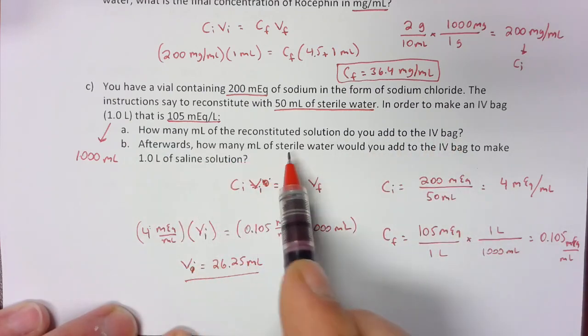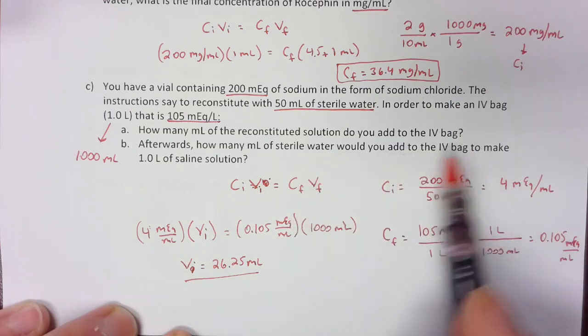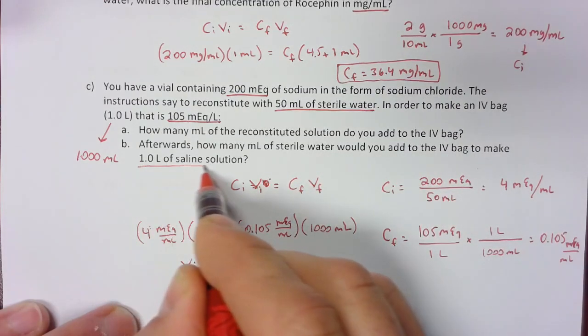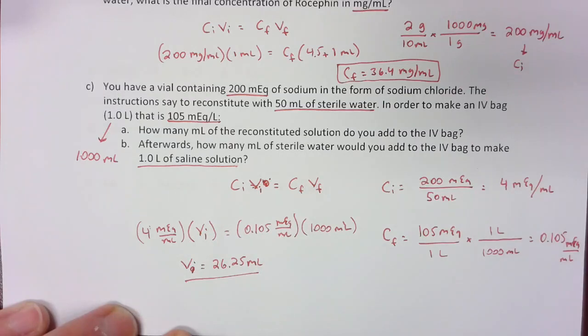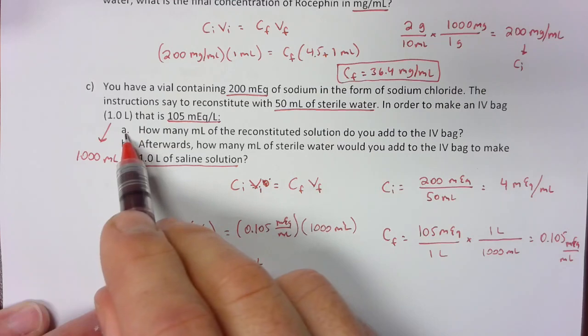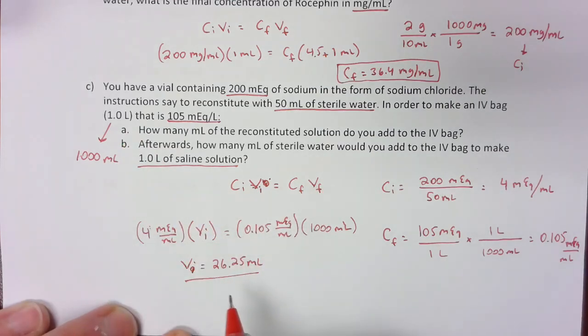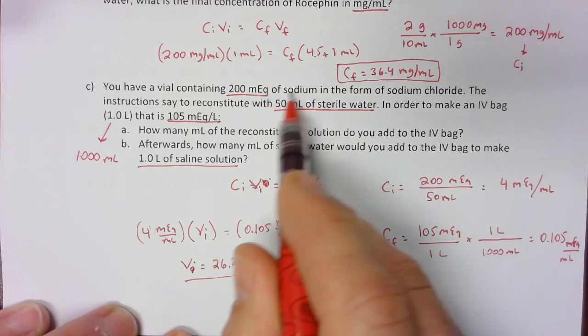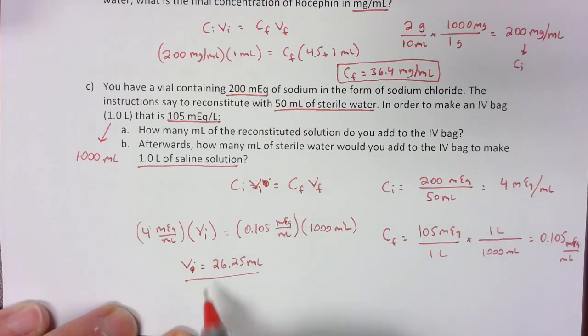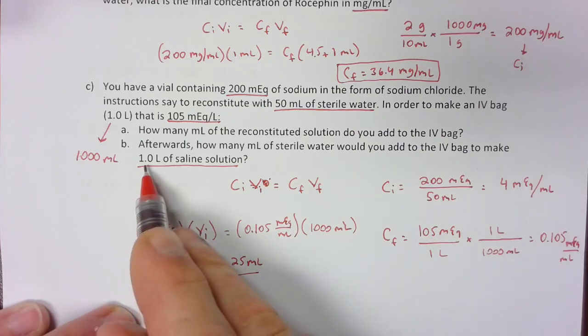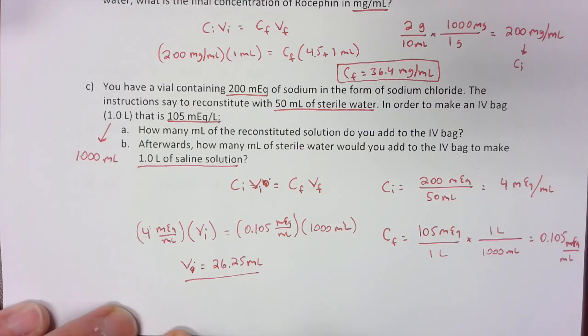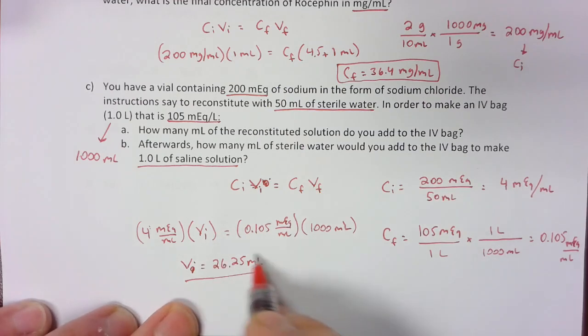Afterwards, how many milliliters of sterile water would you add to the IV bag to make the total volume to be 1,000? Okay. At this point, I had an empty IV bag, and I just added 26.25 milliliters of this concentrated sodium chloride. Now I need to dilute that with water. I know my final volume is going to be 1,000, and this is my volume of the sodium chloride.